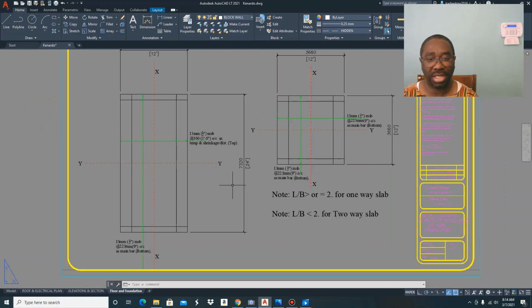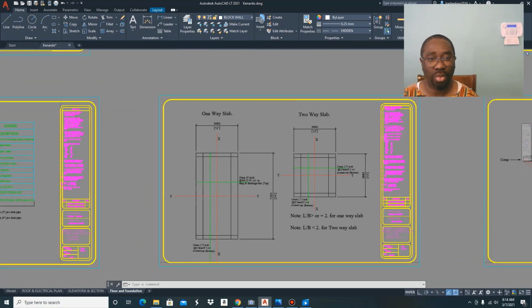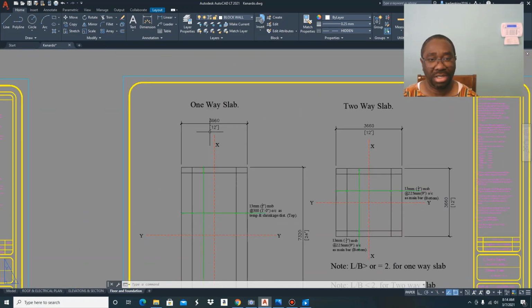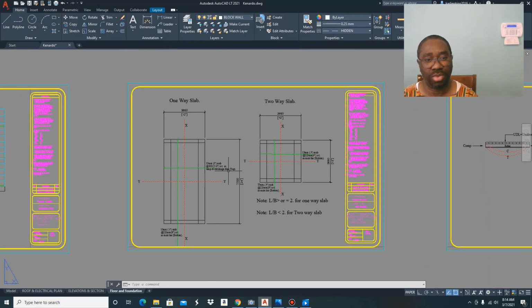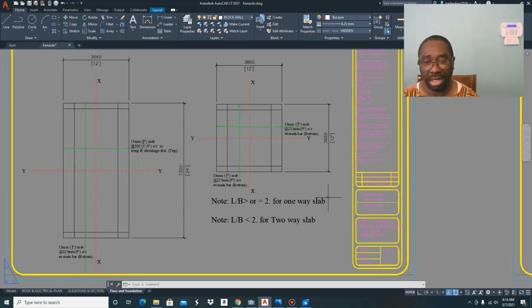If you notice, the length of this slab is 24 feet, and the width is 12 feet. So if you divide 24 by 12, you're going to end up with 2. And that means it is in conformance with this formula, so you're dealing with a one-way slab.